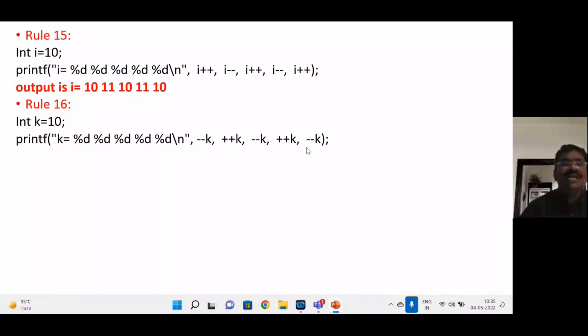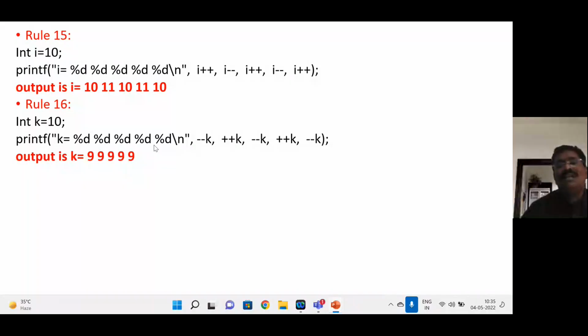So after that, 10 minus 3 is 7. And here at the same time 2 plus operators are there. So that is 7 plus 2, which is equal to 9. So all values will be printed 9, 9, 9, 9. I think you may see some confusion in the 16th rule. Here always the last one is pre-decremented, right?